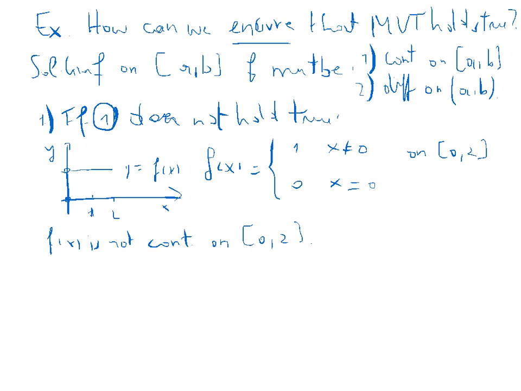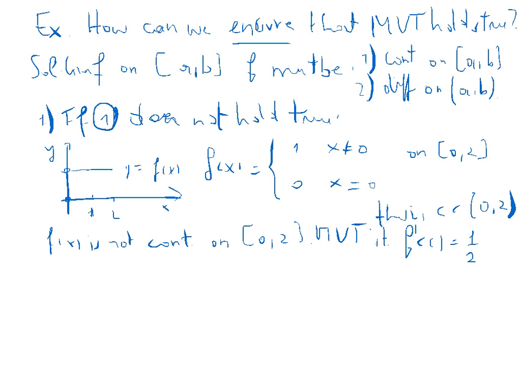The mean value theorem would say that there is a c in the open interval (0, 2) such that the derivative of f at c is equal to the average rate of change between the endpoints of the graph. It will be f(2), which is 1, minus f(0), which is 0, divided by 2 minus 0. That will be equal to 1/2.